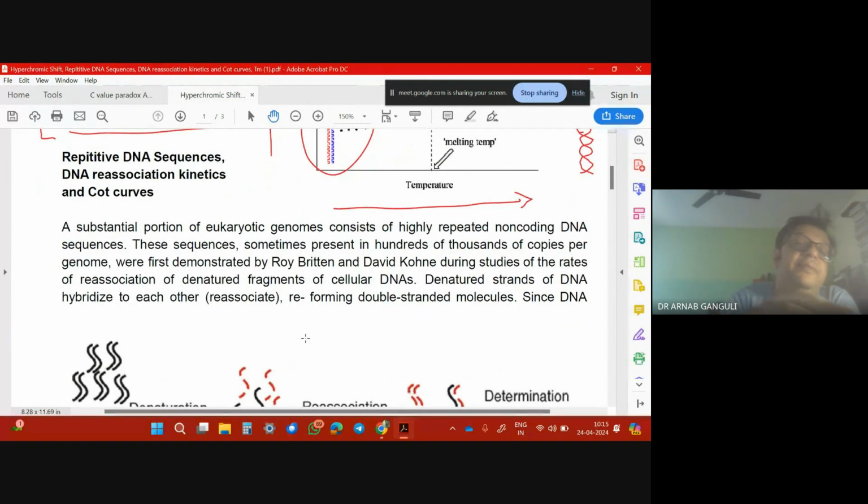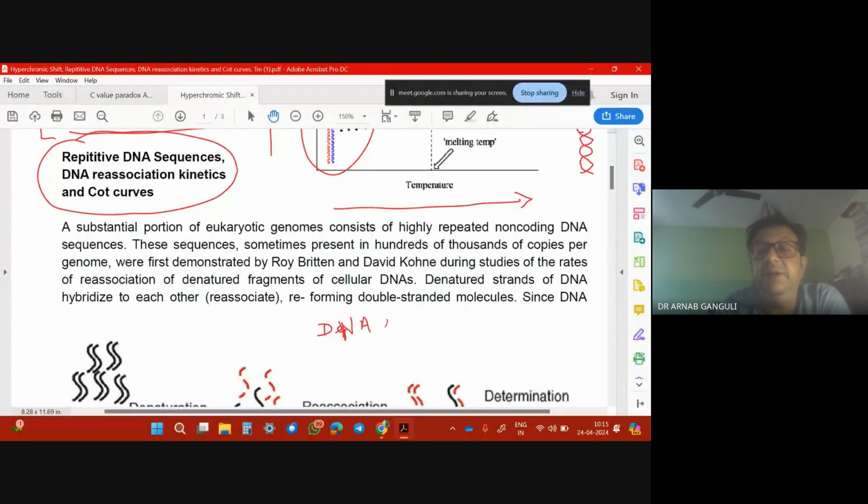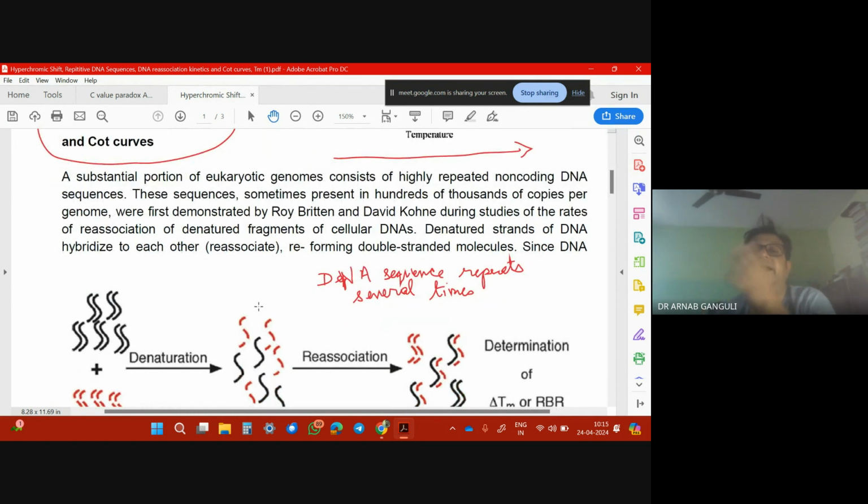Now, we deal with repetitive sequences. When a particular DNA sequence repeats several times, there are some different changes.